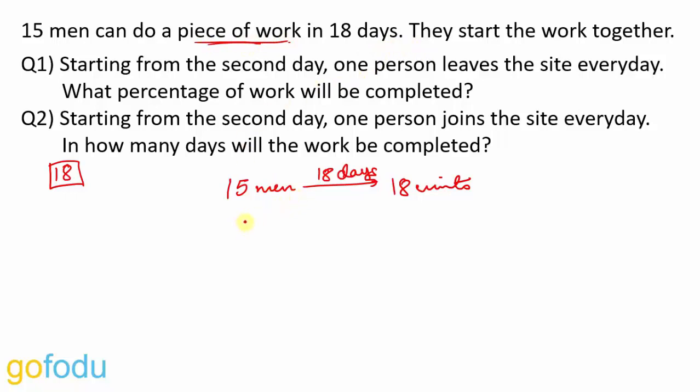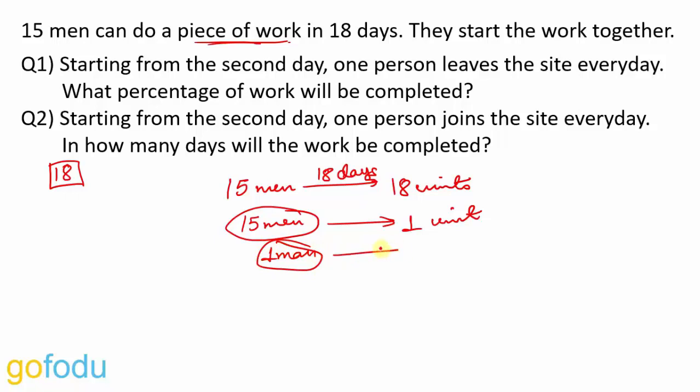That means 15 men in 1 day, they will be doing 18 upon 18, 18 units in 18 days, that means 1 unit each day. So 15 men in 1 day will be doing 1 unit of work. And if I talk about one man, must be doing 1 upon 15 unit each day.